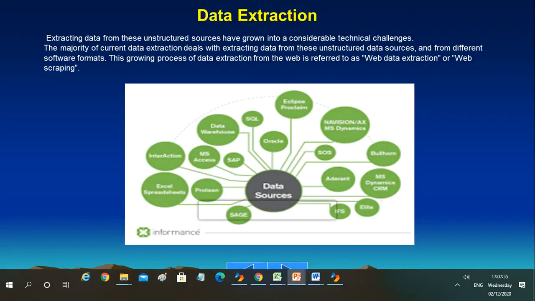Extracting data from these unstructured sources has grown into a considerable technical challenge. The majority of current data extraction deals with extracting data from these unstructured sources and from different software formats. The growing process of data extraction from the web is referred to as web data extraction or web scraping.